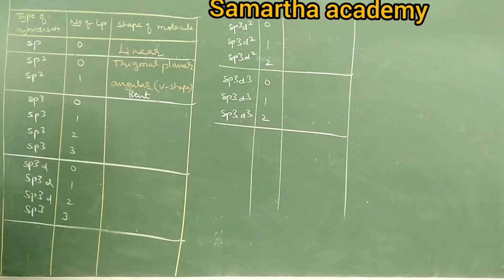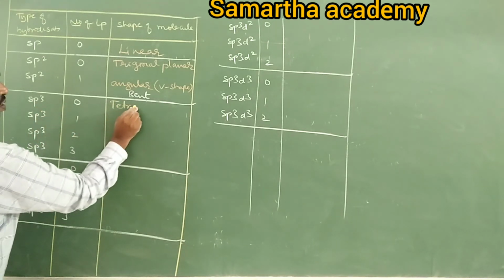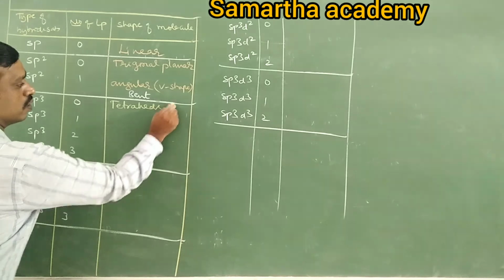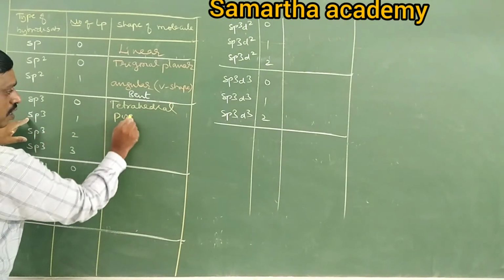Next, come on, sp3 with 0 lone pair, tetrahedral. sp3 with 1, pyramidal.